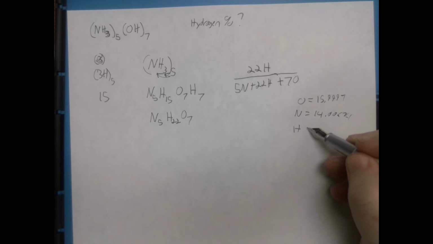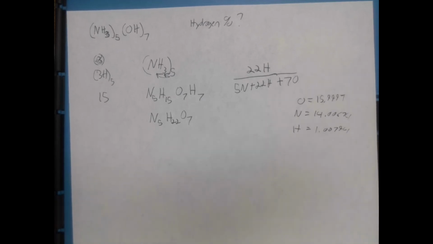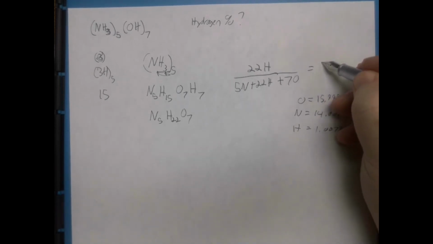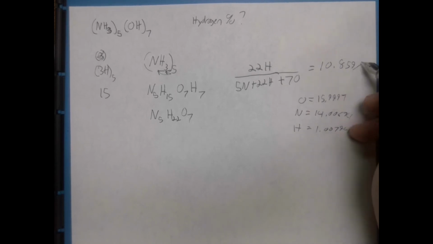And hydrogen is 1.00794. And I'll actually just give you the answer so you can look at this on your own if you want to. So 5 nitrogen plus 22 hydrogen plus 7 oxygen. The answer is 10.859%.